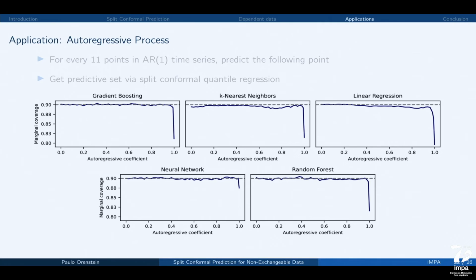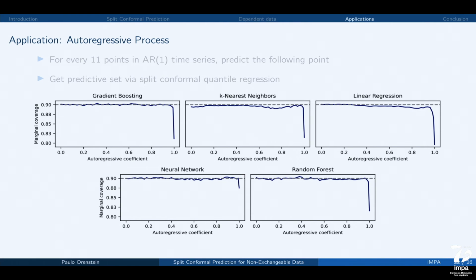And this is basically what you get over 1,000 repetitions. These are 5 different models that I'm using to predict the point: gradient boosting, k-nearest neighbors, linear regression, neural network, and a random forest. The x-axis here is the autoregressive coefficient. When it's 0, the data is IID, and I'm making it closer and closer to 1.